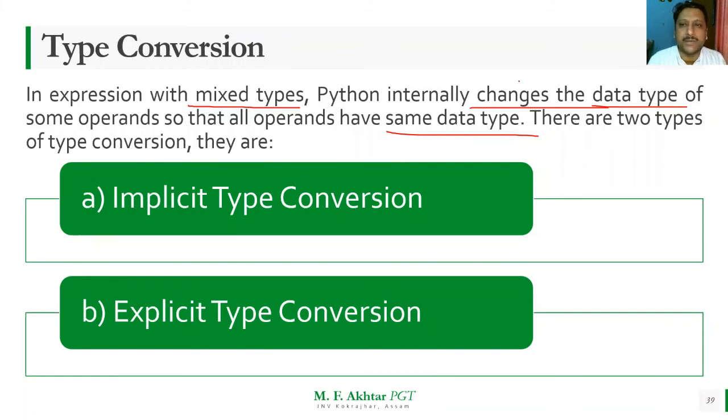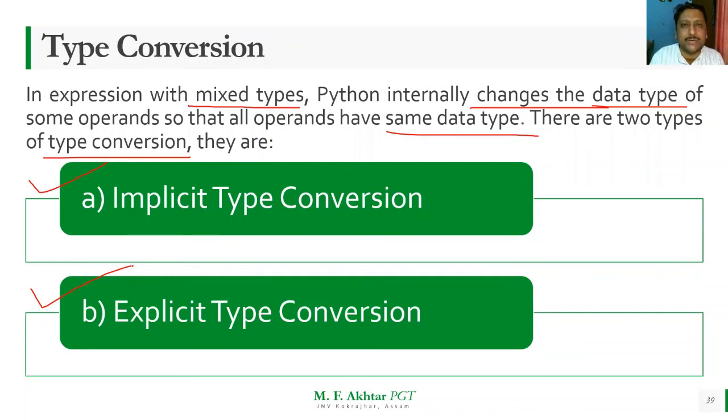Okay, so how it works: there are two types of type conversion. The first is known as implicit type conversion, the second is known as explicit type conversion. Okay, so understood why it happens. What is this type conversion? Actually, when mixed data is used in an expression, mixed types of data like integer, float, complex, then this happens.